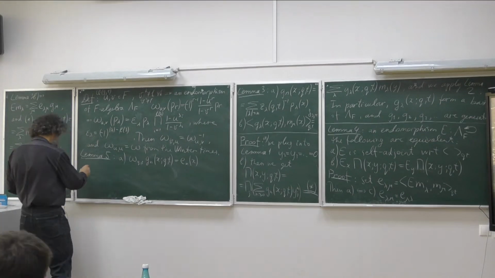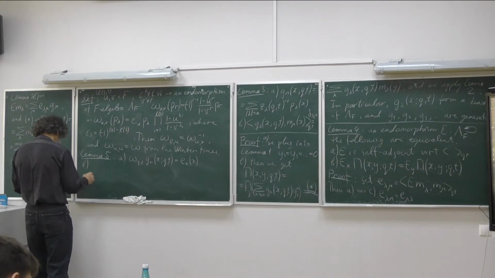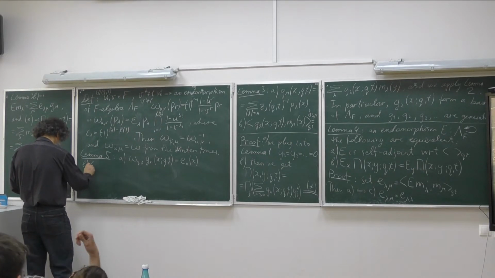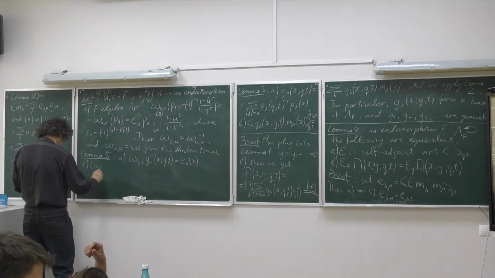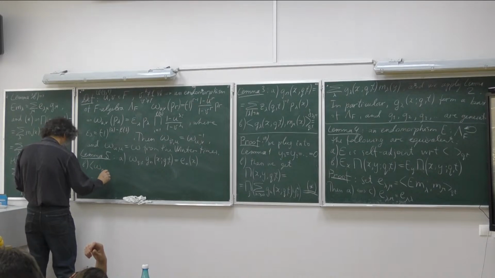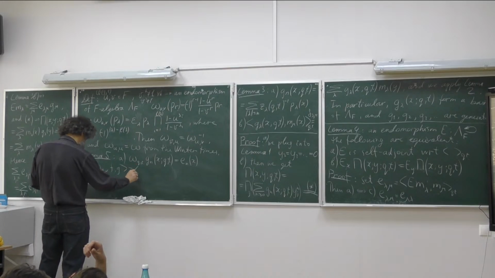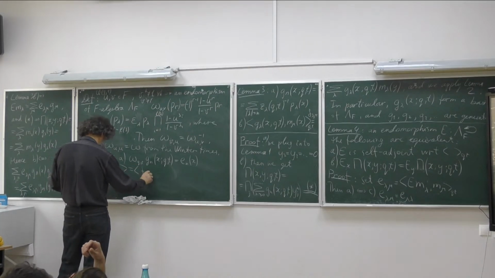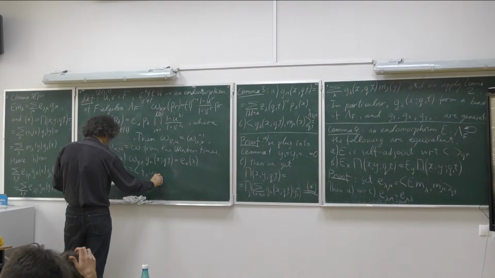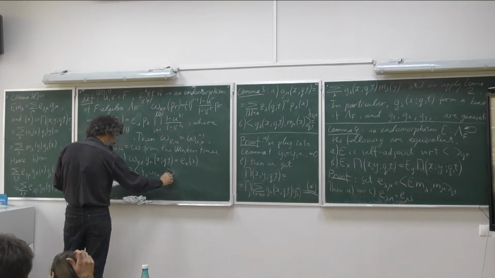Okay. Next, the scalar product. Well, it's self-adjoint. The scalar product u,v of f and g is the scalar product of f and omega_{u,v} g.